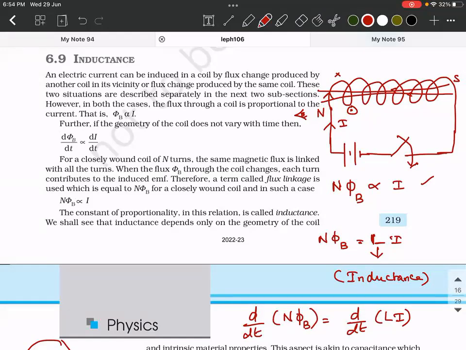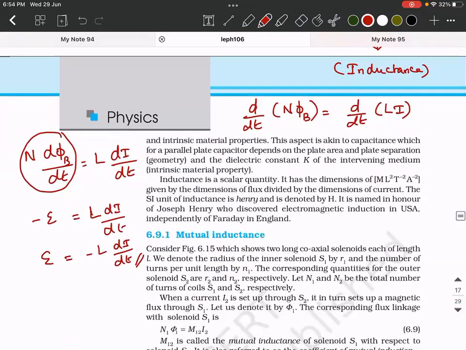Is it clear till this point? So minus L into dI divided by dt.